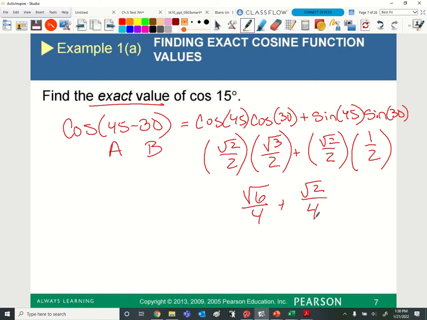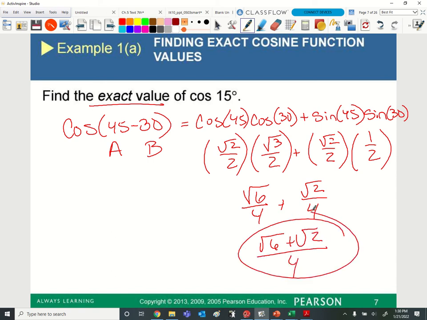Yes, so I can write them together over a common denominator. That gives me rad 6 plus rad 2 over 4. And I circle that. Please tell me that's our final answer.